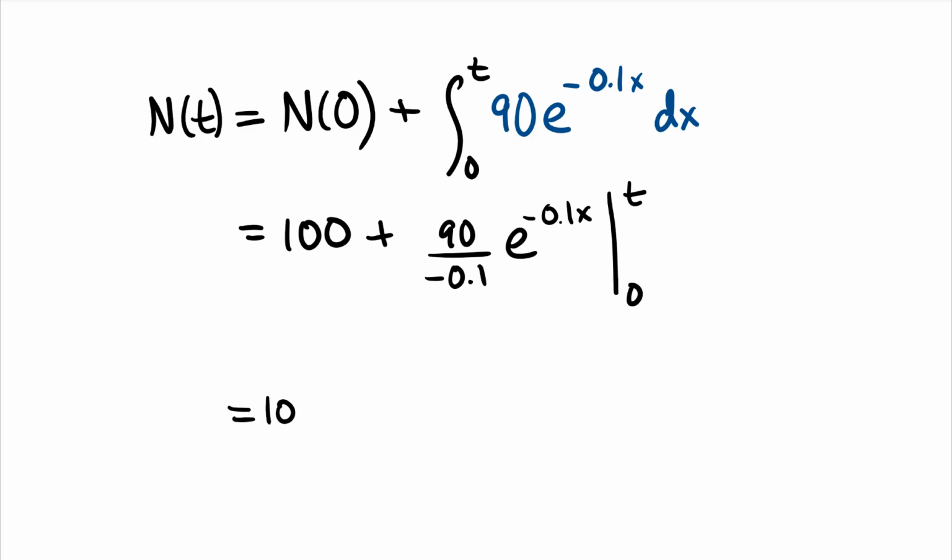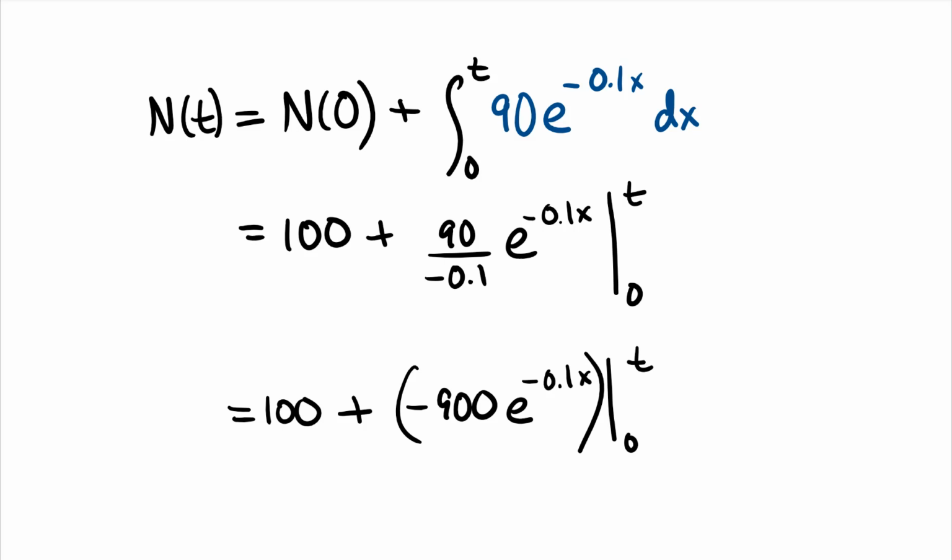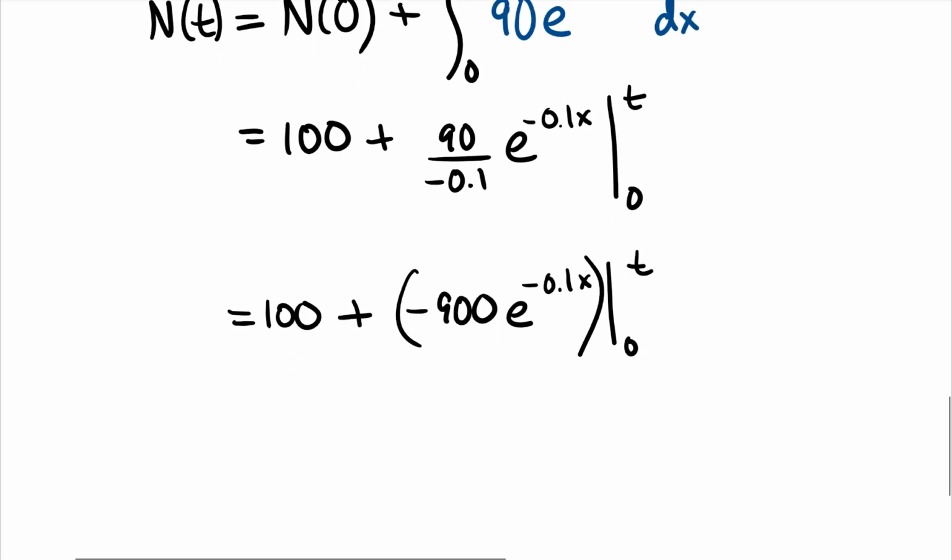All right, so it's 100. Now that's going to be negative 900 e to the negative 0.1 x. Dividing by a tenth is the same as multiplying by 10. I don't like decimals, but I know you're going to see them, so I want to make certain that I do them as well.